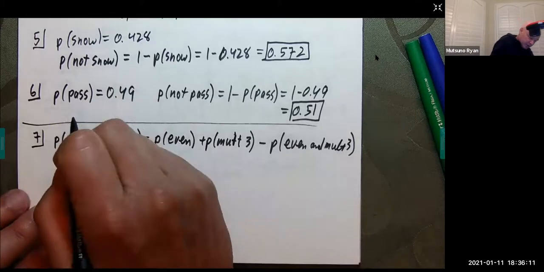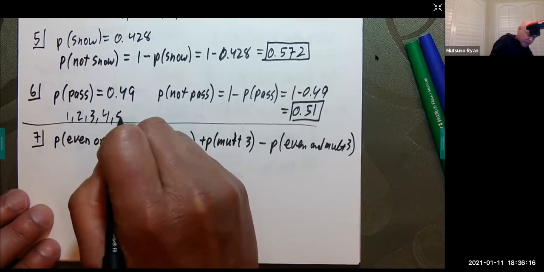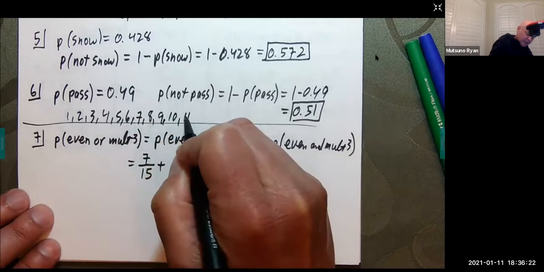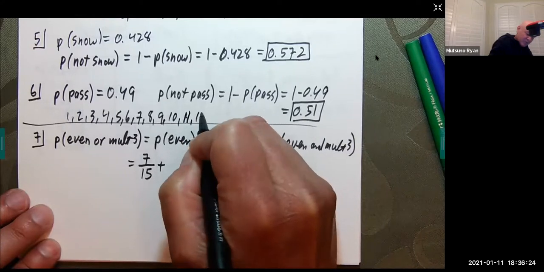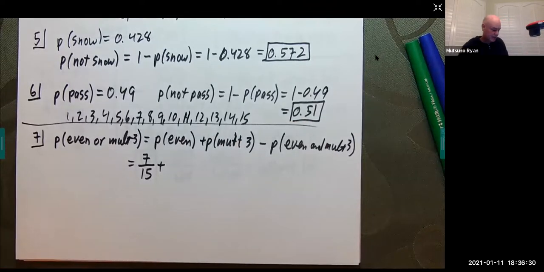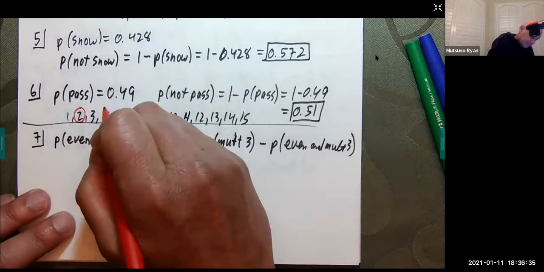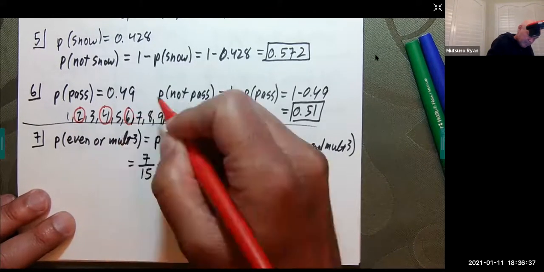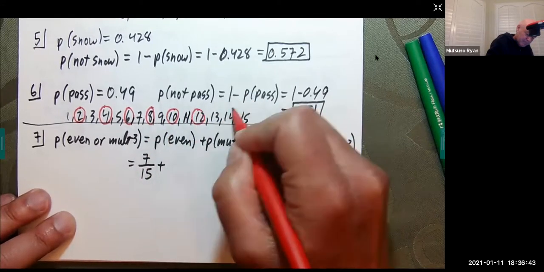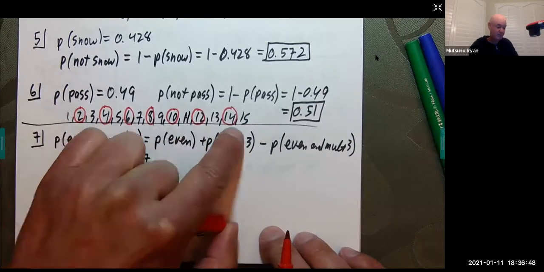Let me write out 1, 2, 3, 4, 5, 6, 7, 8, 9, 10, 11, 12, 13, 14, 15. And I'm going to circle in red the even ones. And I'm going to count up the red. 1, 2, 3, 4, 5, 6, 7 of them. So I was right.